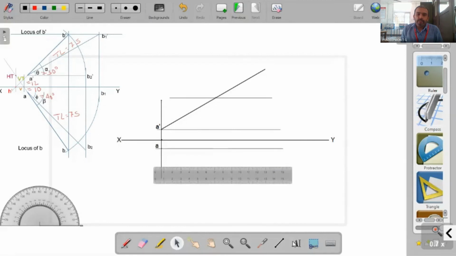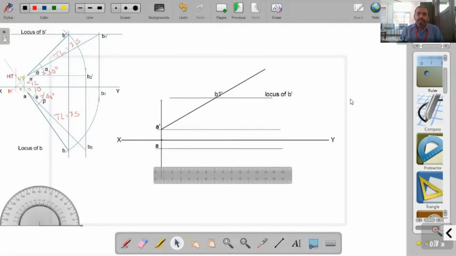This is point B1 dash, and this is the locus of B dash. So this means that B dash should be lying somewhere on this line.